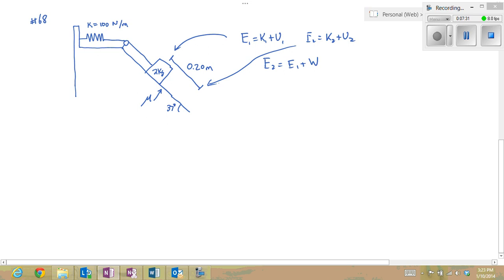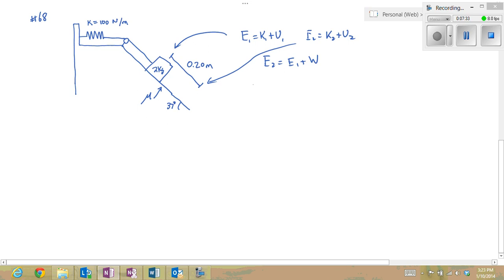So at the top of the motion, E1 is going to equal, well, the block is at rest when I release it, so the initial kinetic energy is 0, and the initial potential energy is going to be some value. I could choose to call this 0, or I could choose to put the 0 at the final location. I am actually going to do this problem from a standpoint of calling the amount of energy at the initial position as the gravitational potential energy equal to 0 position.